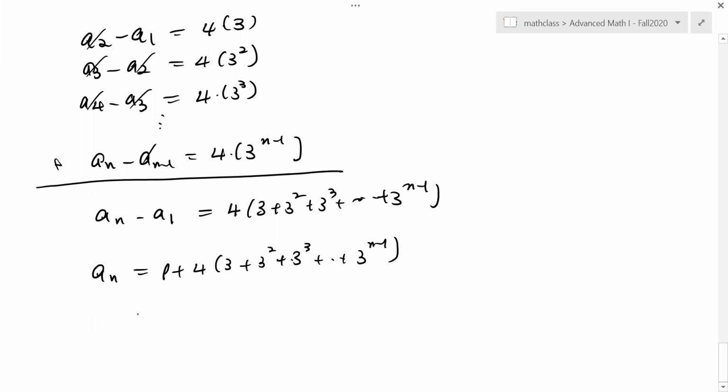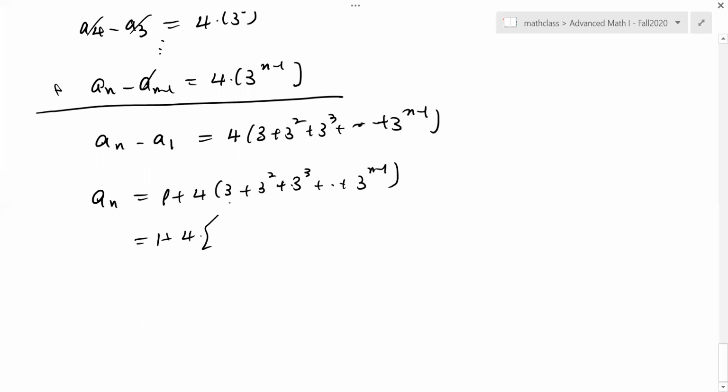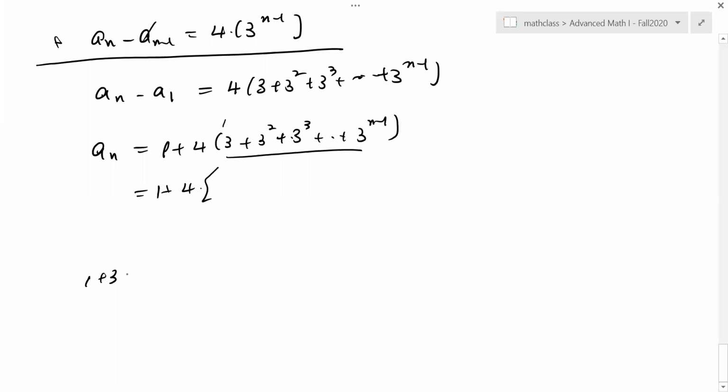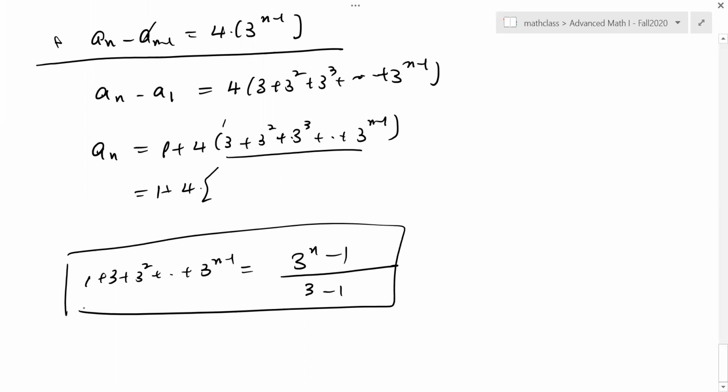Question is how can I add these numbers together? Right? I remember, okay? The 1 is missing, right? So if 1 plus 3 plus 3 squared up to 3 to the n minus 1, then that will be 3 to the n minus 1 over 3 minus 1, okay? So this is a formula we have.